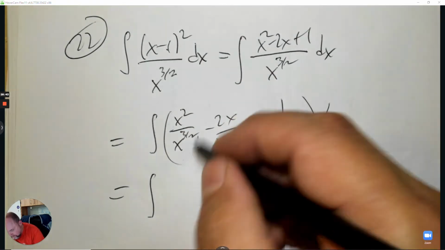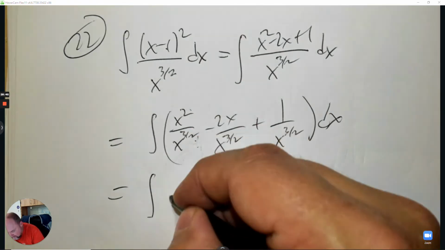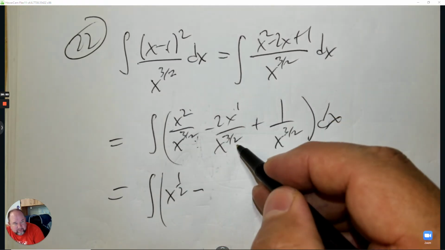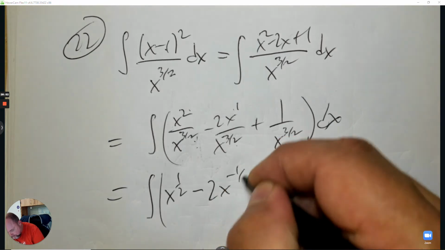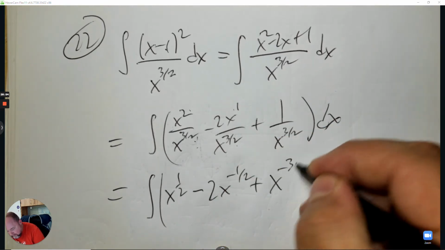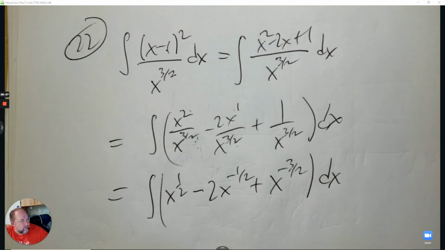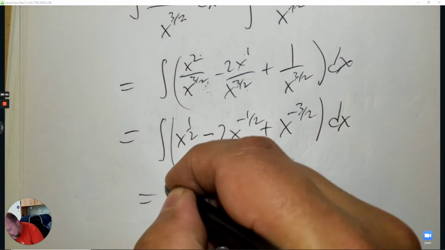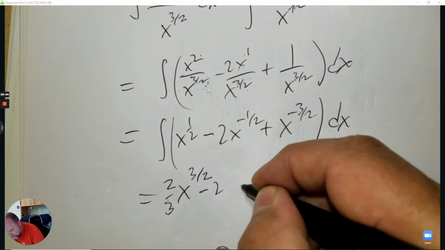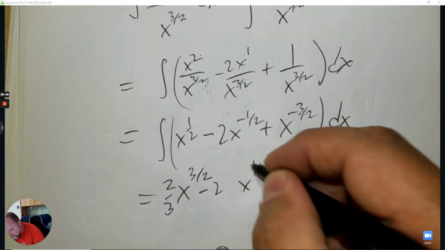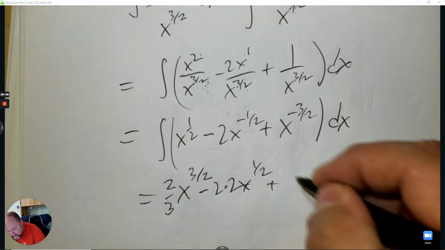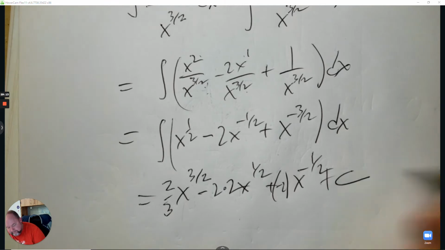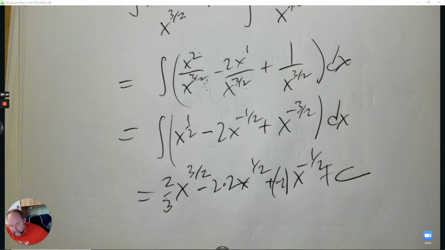Subtract. 2 subtract 3 halves is a half. 1 subtract 3 halves is negative a half. And then this would just be negative 3 over 2. And then we add 1 to the exponent and divide, or the reciprocal, plus c. And there you go.